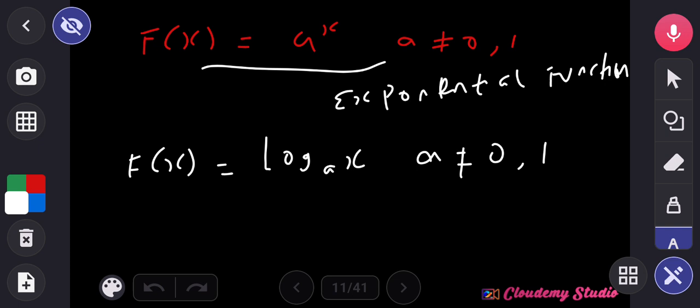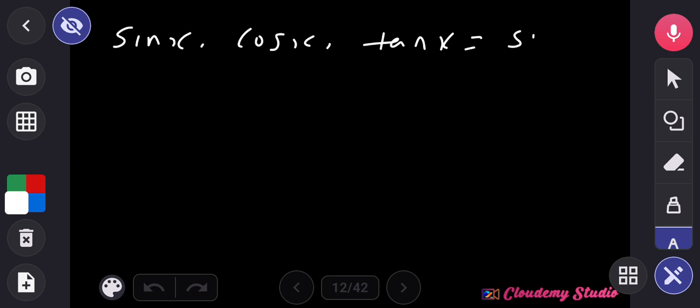You understand? We also have other functions like trigonometric functions, where we're going to be using SOHCAHTOA, cot, sine, and stuff like that. We also have the inverse trigonometric functions. Some of the trigonometric functions that we have are sine x, cos x, tan x, and tan x is also equal to sine x over cos x.